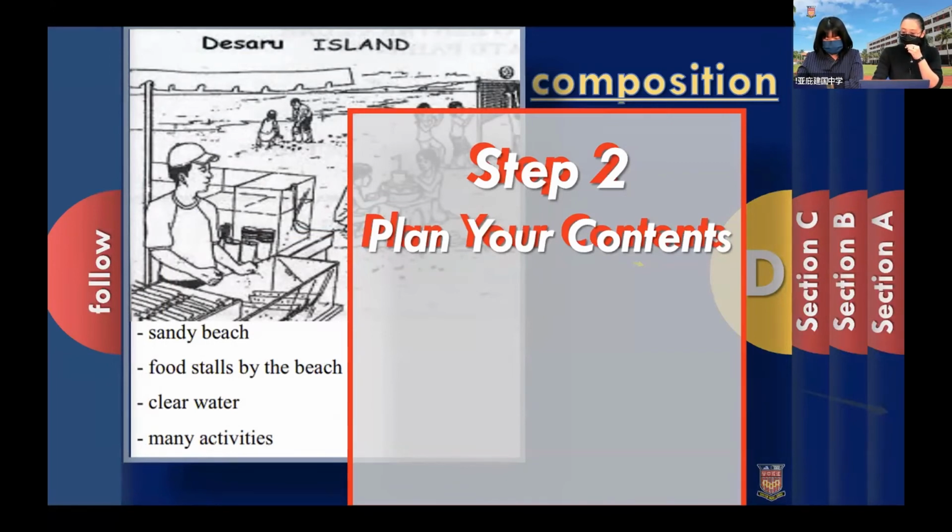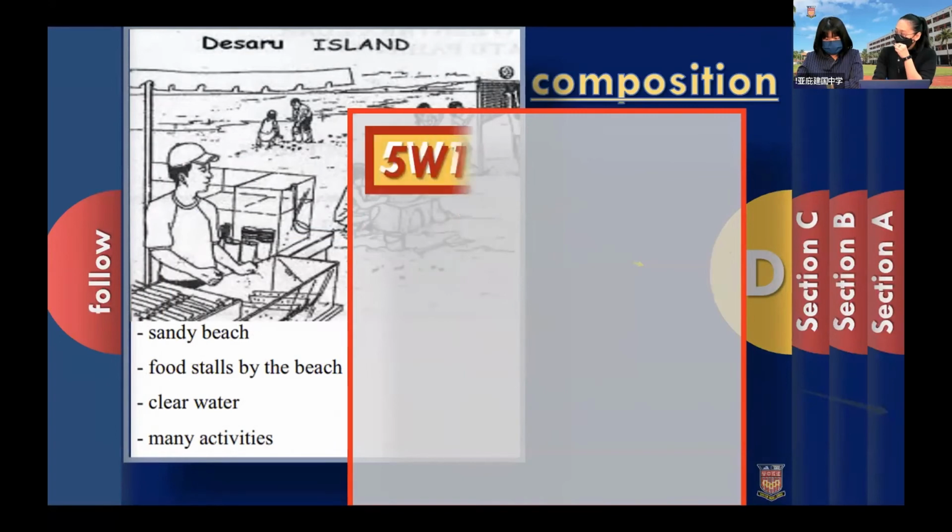Let's see. So, Teacher Reen, how would you write this essay? I would think of where I would choose and who I go to the place with. And what would be my feeling and all that. So this is basically the 5W1H that Teacher Reen taught us earlier.